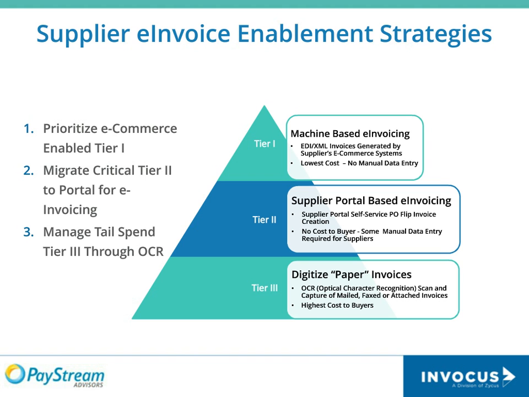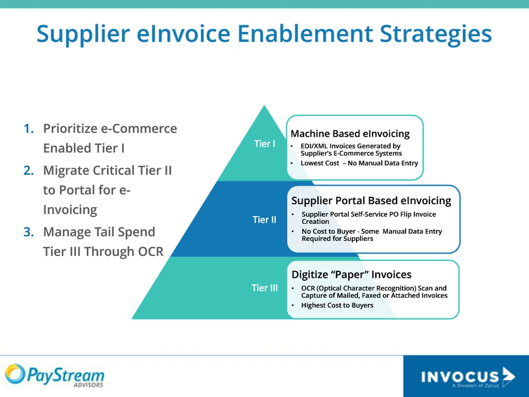This is the real opportunity to migrate those mid-sized suppliers, some smaller suppliers, up the curve to start beginning to utilize the portal-based solutions, such that when all they have at their disposal is a browser connection to the internet, they can be fully electronically compliant in submitting transactions to you. So no cost to the buyer, of course, no entry fees to the supplier either.